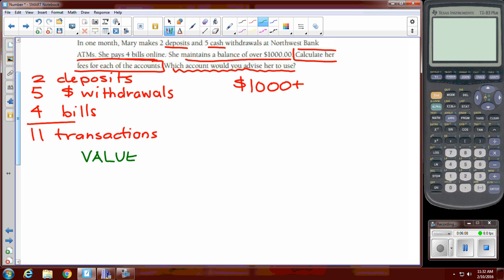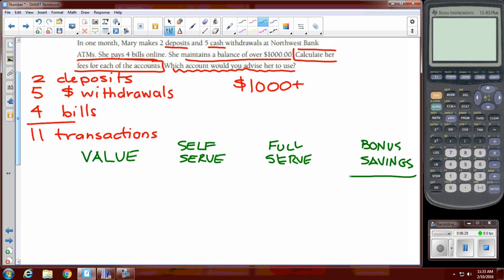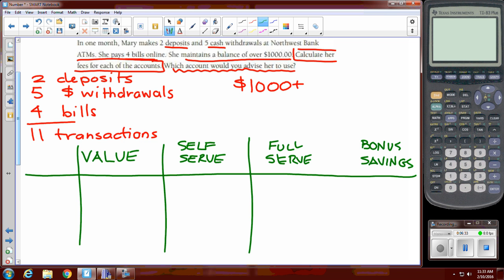We're going to say she had the value one, then there was the self-serve account, there was the full-serve account, and then there was that bonus savings account at the end. And we're going to figure out how much it's going to cost her to bank if this is what her typical month sort of looks like.